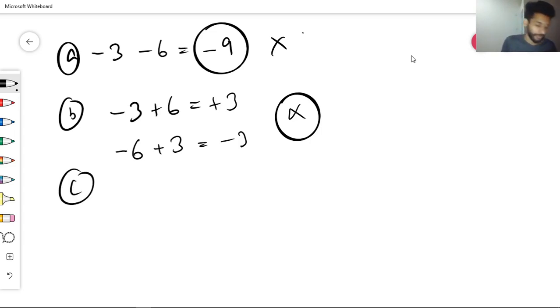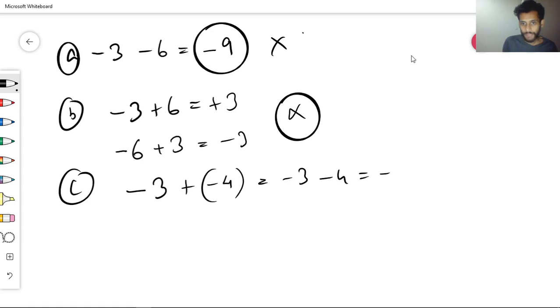So now C part. The sum of two negative integers is a negative integer. So first of all, this minus 3 plus this minus 4. If I open the bracket, it is minus 3 minus 4, it will be minus 7. So this is correct.